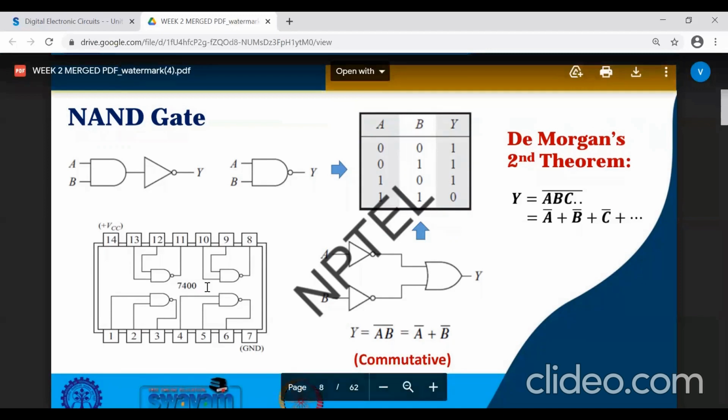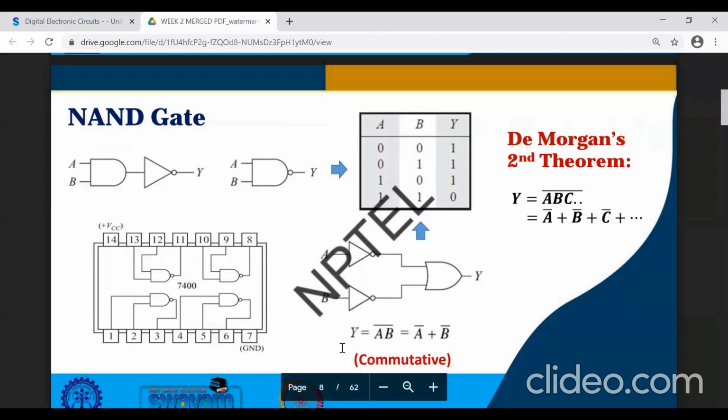IC 7400 is NAND gate IC, which internally consists of 4 NAND gates. The Boolean expression of the NAND gate is given by Y is equal to A dot B whole complement. Using De Morgan's second theorem, this expression can be written as Y is equal to A complement or B complement.